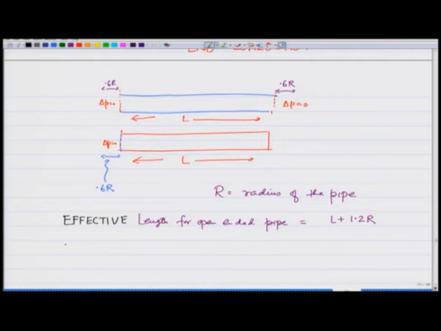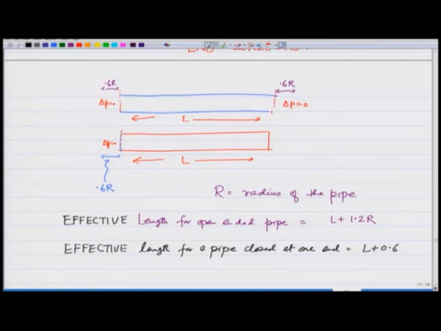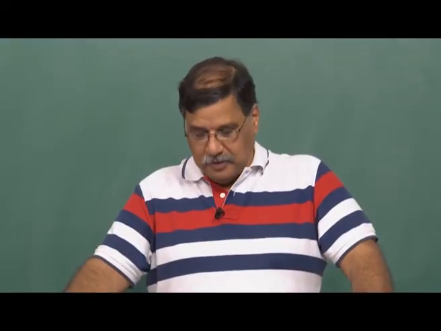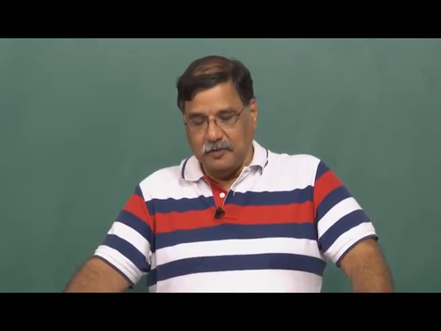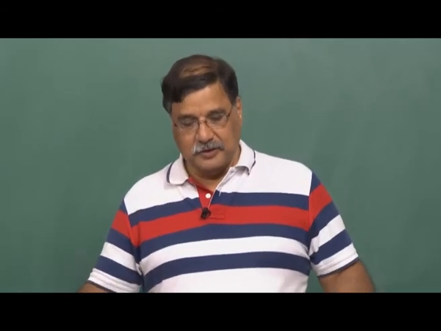And similarly, the effective length for a pipe closed at one end will be equal to L plus 0.6 r. These are the corrections that you have got to make in the length, and it is this effective length that you are going to put in the formulas. Otherwise, the formulas remain exactly the same. The velocity is the velocity of sound in air, which is gamma square root B by rho, and the rest of the things remain the same.